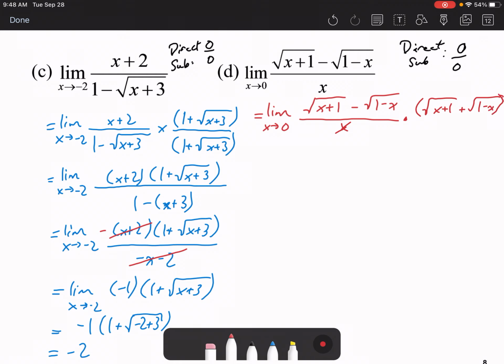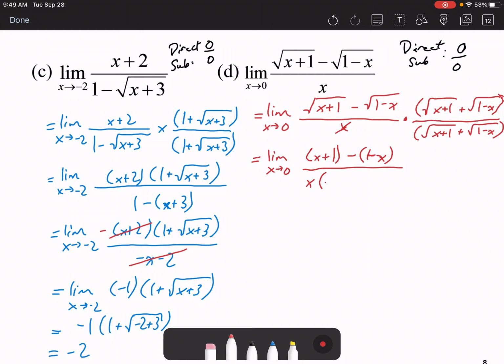You're just rationalizing the numerator in this case. Okay, so if we expand, we get x plus 1 minus 1 minus x in the numerator. In the denominator, we're not going to expand. I'm going to leave it as is.